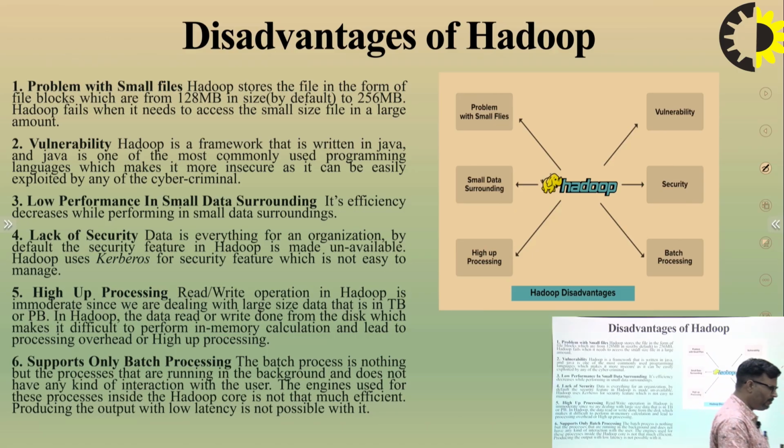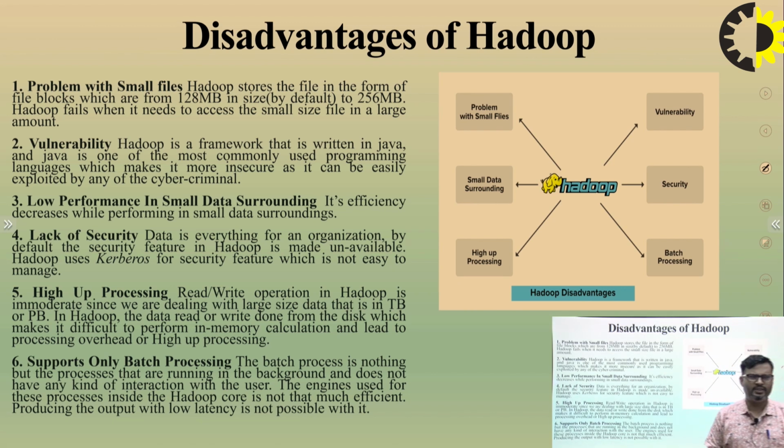Hadoop is a framework written in Java, and Java is one of the most commonly used programming languages, which makes it more insecure, as it can be easily exploited by cyber criminals.